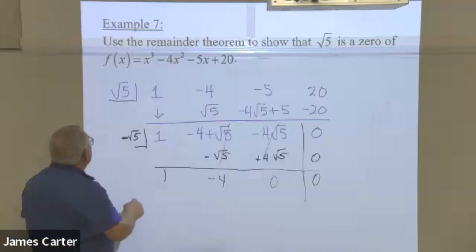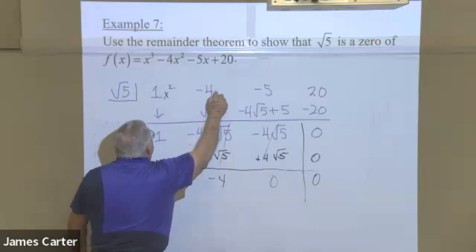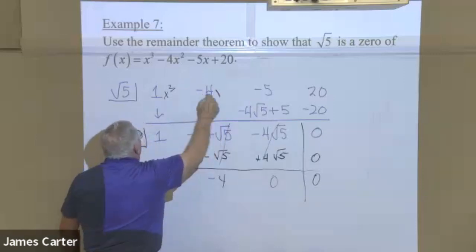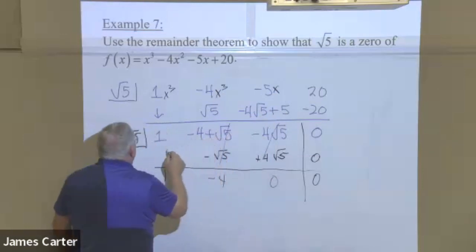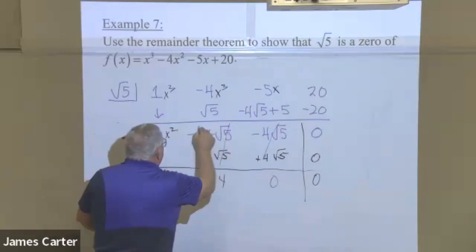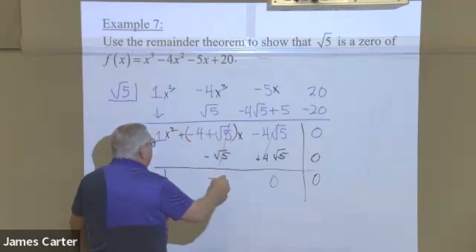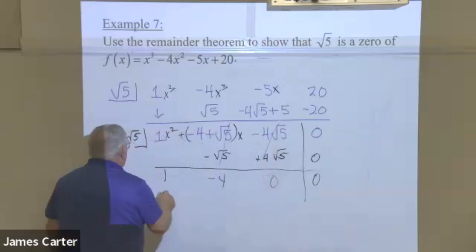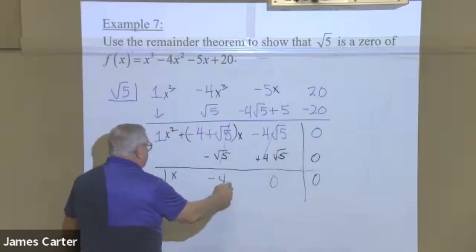Well, what have I got left? I started off with x cubed and x squared and x here. At this level, I had x squared and x and that. And at this level, I just have x minus 4.